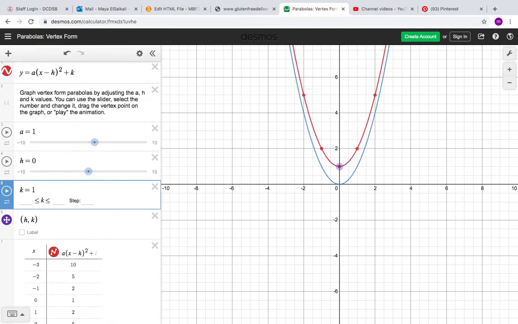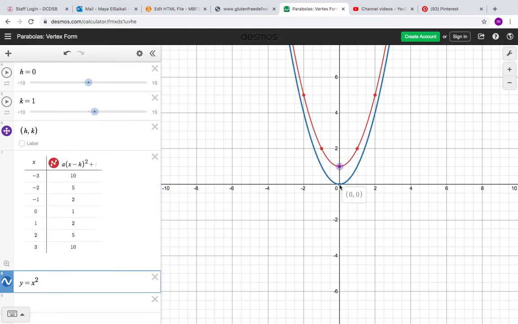What happened here? We see that our graph moved upward, up 1 unit. The original vertex is (0, 0). Because it went up, the y value of the vertex has changed and it took the value of 1. So now my vertex is (0, 1).